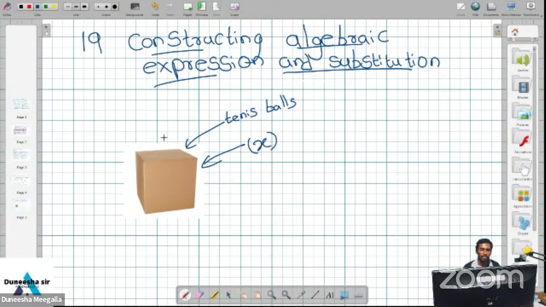Okay. Inside there is a number of balls, say x. Then we can add to it from outside. Adding 5 tennis balls. How many tennis balls are in the box? x plus 5. Adding 5.